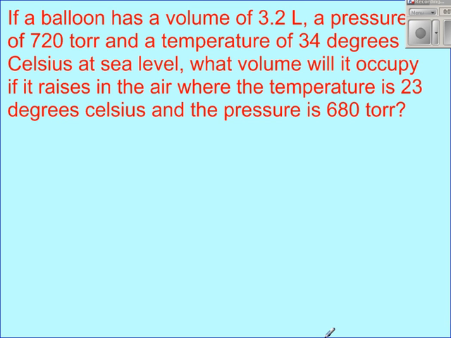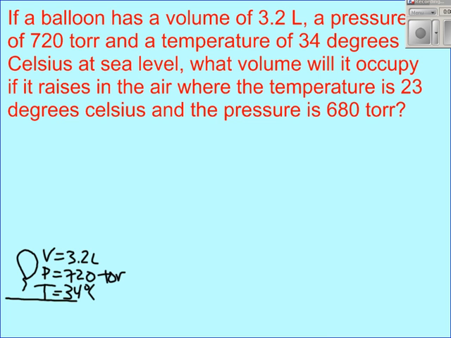Sometimes it helps to draw pictures to indicate what is happening in the problem. At sea level, you apparently have a balloon that has a volume of 3.2 liters, a pressure of 720 torr, and at a temperature that is 34 degrees Celsius. Then what happens is the balloon raises in the air.